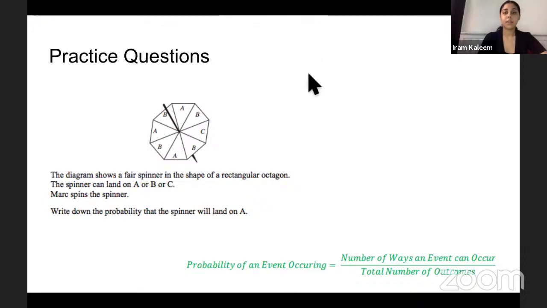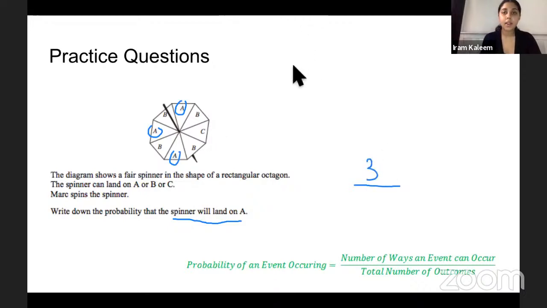Okay, so we have to use our formula for the probability of an event occurring. So we know it's going to be in the form of a fraction. So the number of ways the event can occur. We're working out the probability that the spinner will land on A. So how many ways can you land on A? You've got 1, 2, 3 options to land on A. So we put 3 at the top.